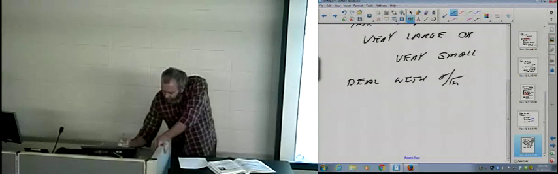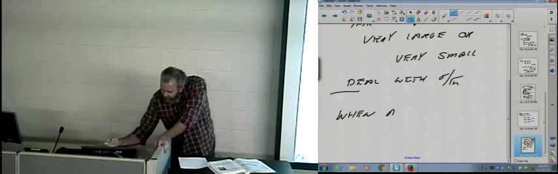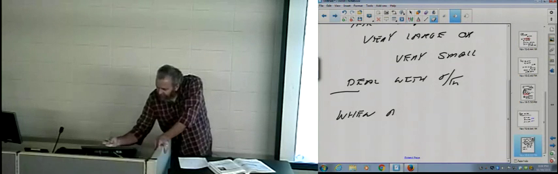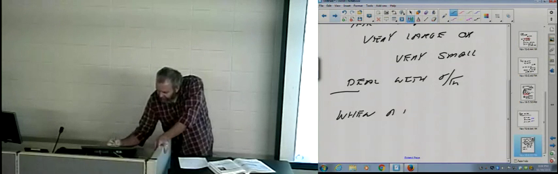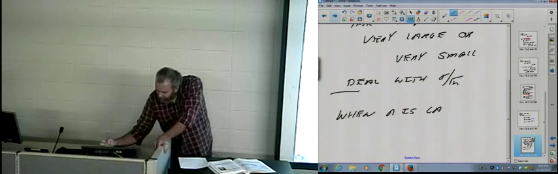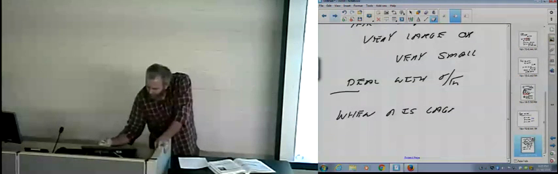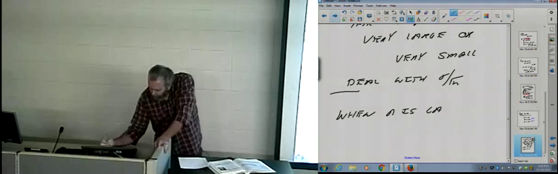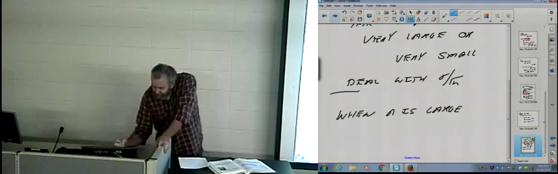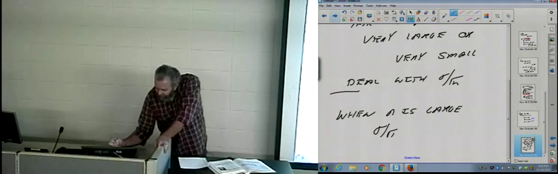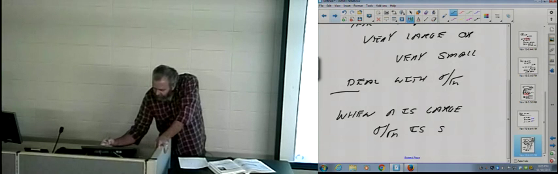I'm going to write it down for you. When n is large. 10,000, 20,000, 50,000. When it's large, sigma over the square root of n is small.